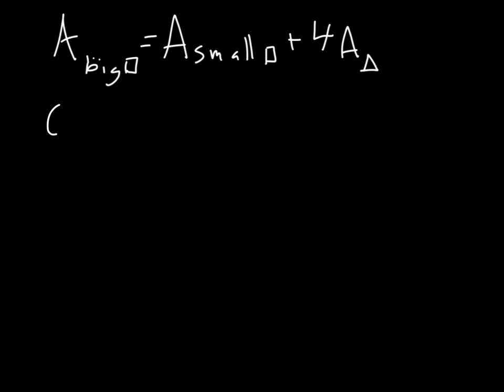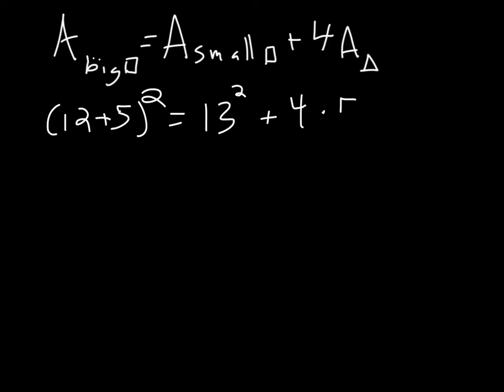So we're going to get 12 plus 5 squared equals the area of the small square, which had side length 13 squared, and then 4 times the area of each triangle. Triangles had base of 12 and height of 5, or the other way around, so it's going to be 4 times 5 times 12 divided by 2. So now we can just simplify each side.